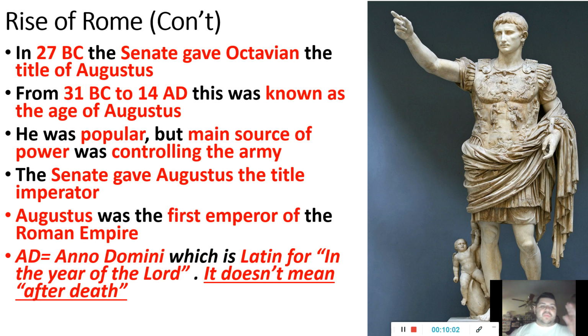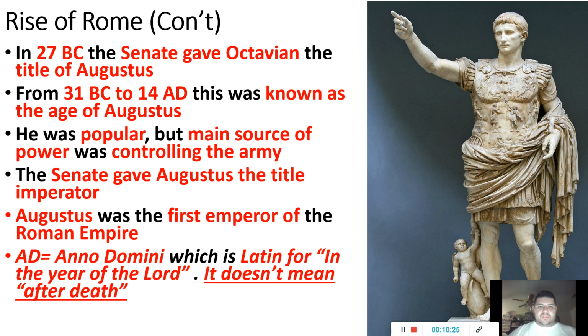If you look, it goes from 31 BC down through 30 BC, 29 BC, 28 BC, all the way down to 0, and then 1 AD, 2 AD, 3 AD. So 14 years plus 31 years, that's 45 years right there, known as the age of Augustus.